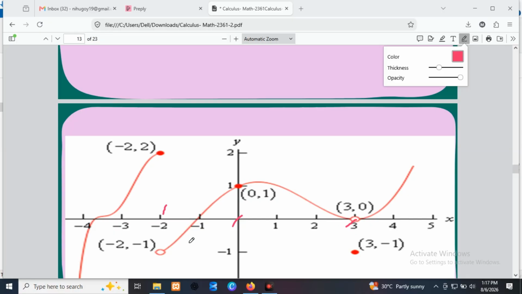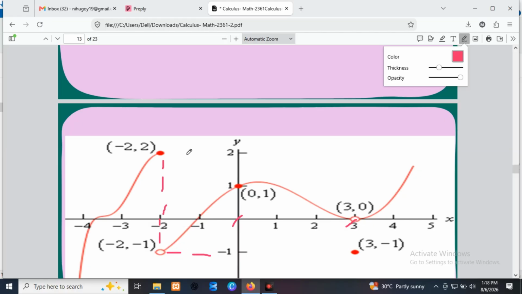Is it defined at -2? Let's check. We have two values. Looking at the upper one, f of -2 is 2. Looking at the lower one, it is equal to -1.